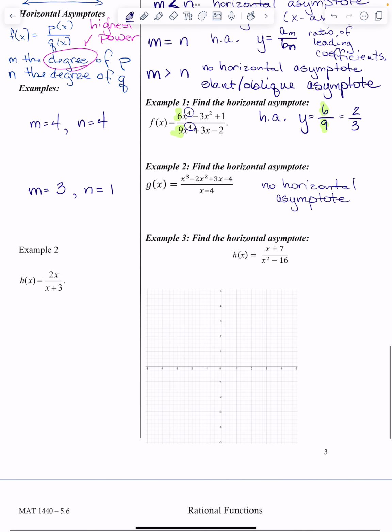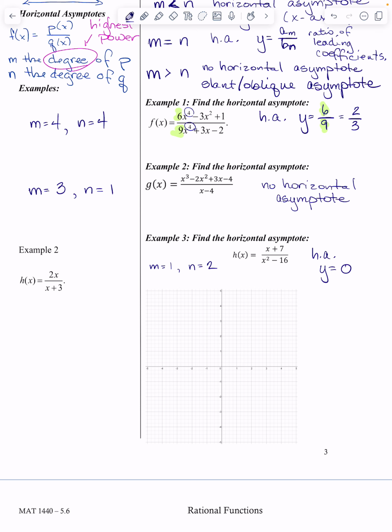And then for example 3 here, I have got degree of my numerator is 1, degree of the denominator is 2. Degree of the numerator is less than the degree of the denominator. So my horizontal asymptote is that x-axis, y equals 0.